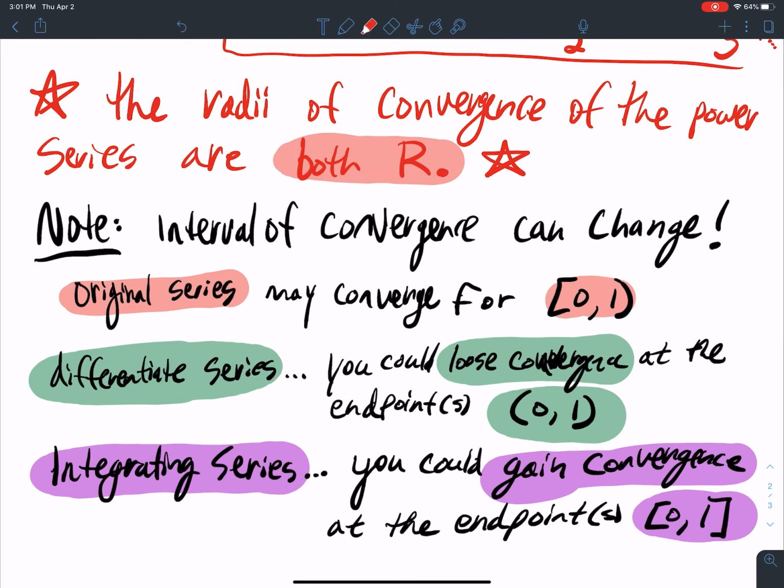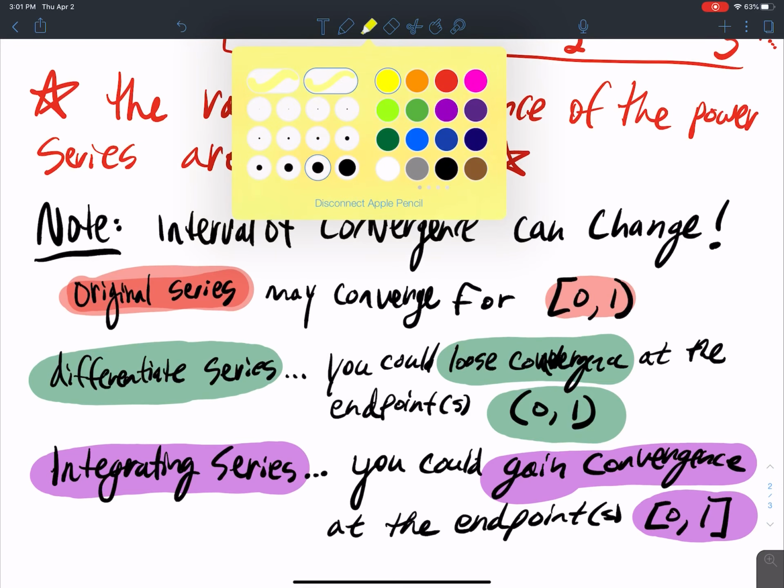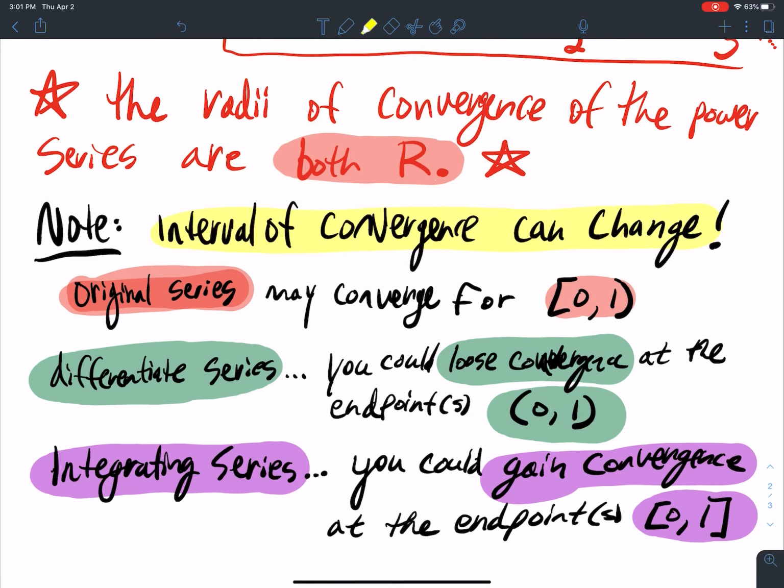If your original series had a radius of convergence r, then when you integrate, you have a radius of convergence r, and when you differentiate, you have a radius of convergence r. So it's only the interval of convergence that might change when you differentiate or integrate term by term.